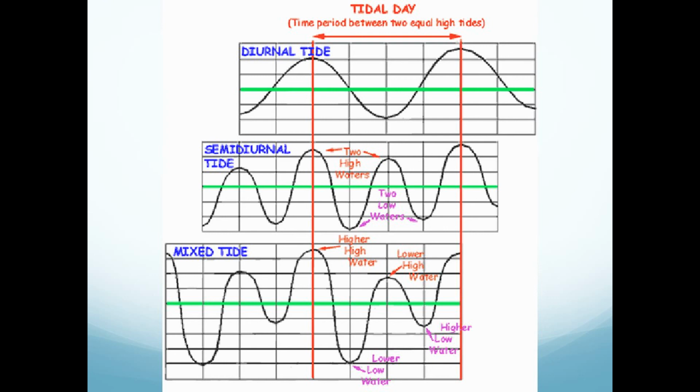And then if you have mixed, you can see that there is a distinct difference between the two high tides. So one is higher than the other, but you still have two high tides and two low tides. So you're going to have one higher high tide and one lower low tide. So that intertidal region is going to get really exposed during that lower low tide.